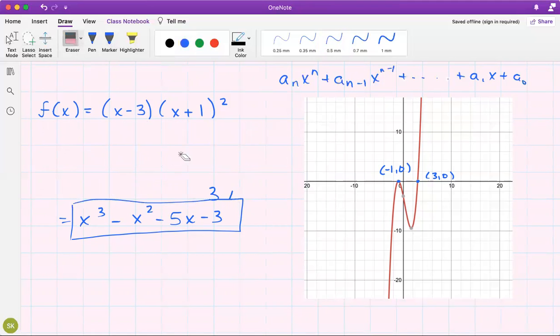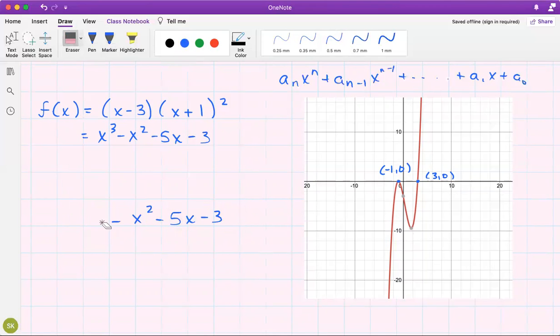So if we wanted to put this function in a nice polynomial form, let me write it here. This is the same thing as x cubed minus x squared minus 5x minus 3. So notice that the leading term is x cubed.